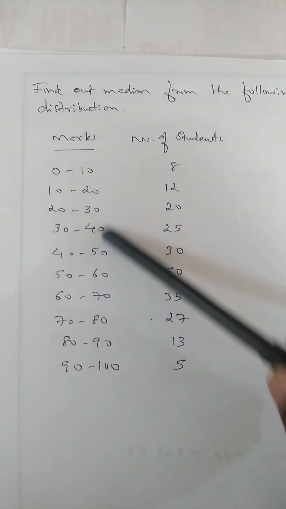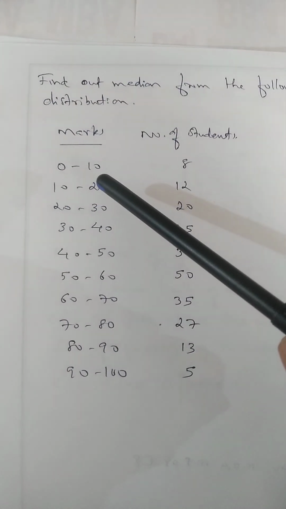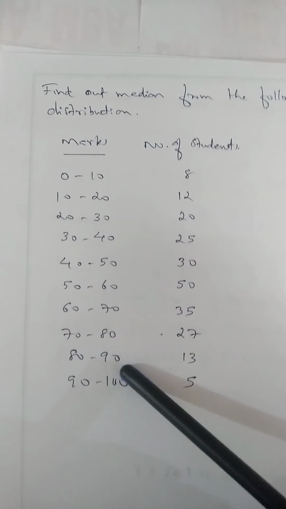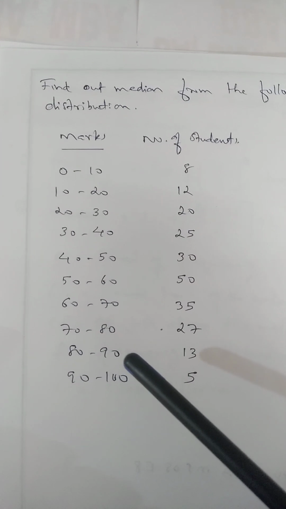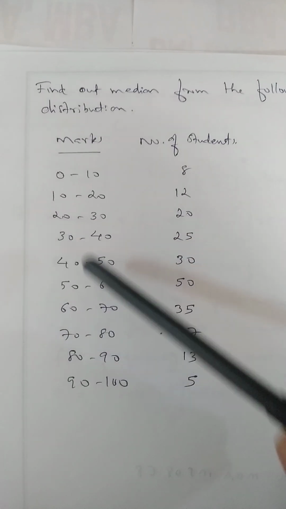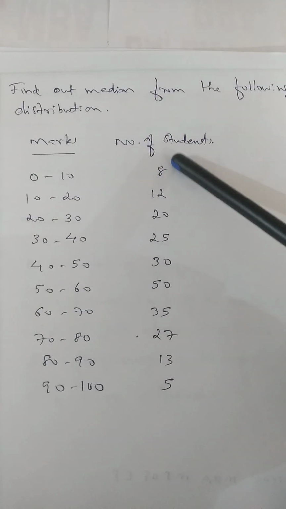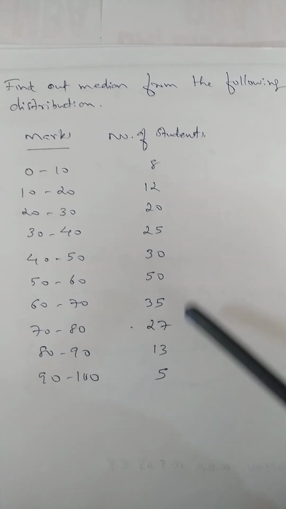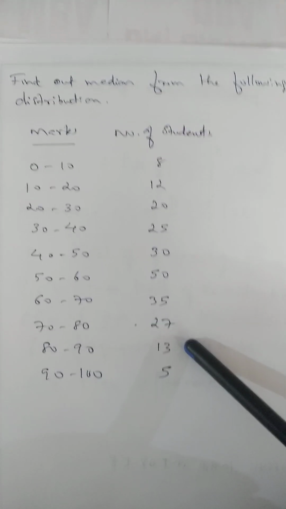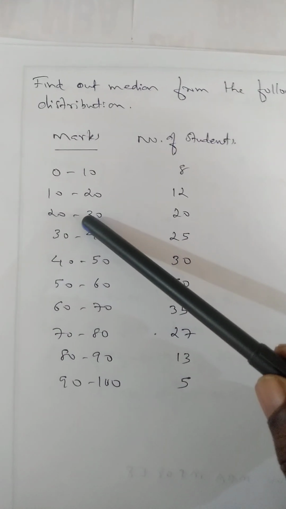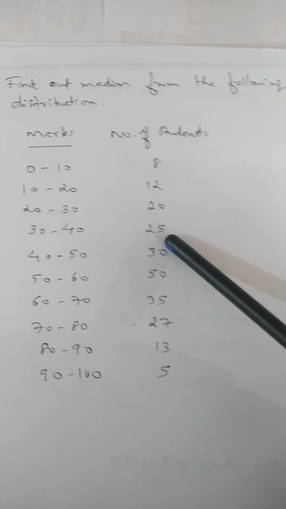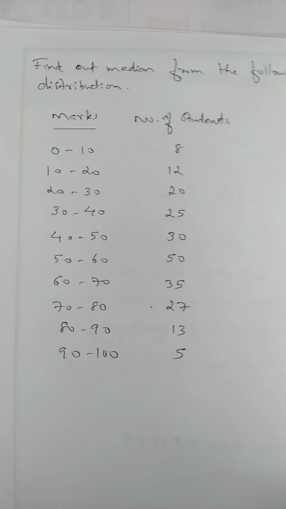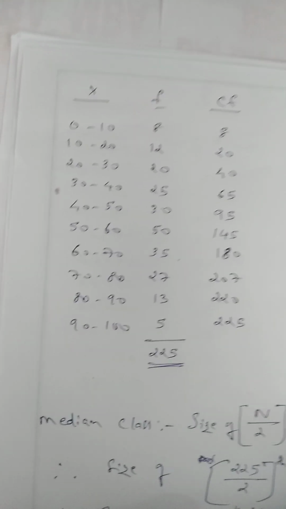This first group of data, these marks should be considered as X variables. And the number of students should be considered as frequency. So this is the X variable and this is the frequency. I rewrite this in the form of X and frequency here.